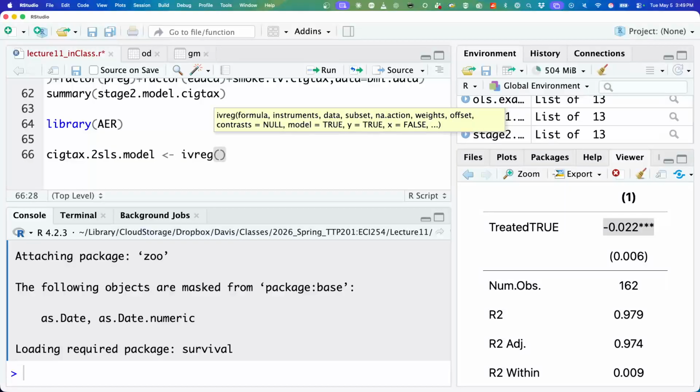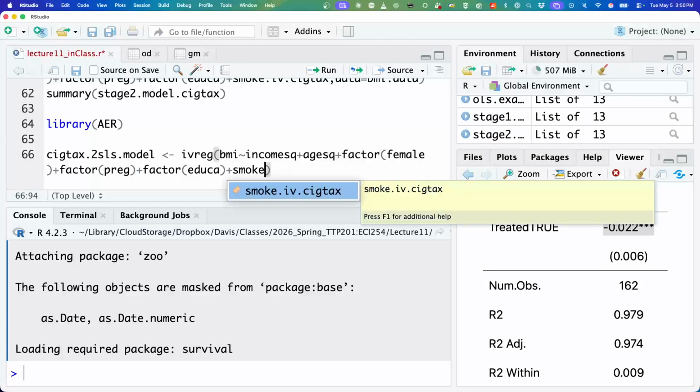It uses a function called IVReg, and everything looks essentially the same. I copy and pasted all this stuff. Where the specification changes is right here. We add in all the variables, and the treatment variable that you're interested in understanding the causal effect of, the one that you're going to instrument on, comes last.